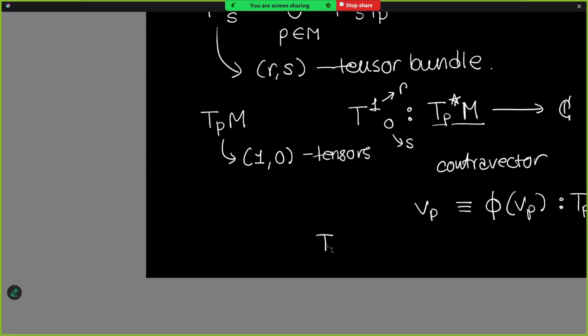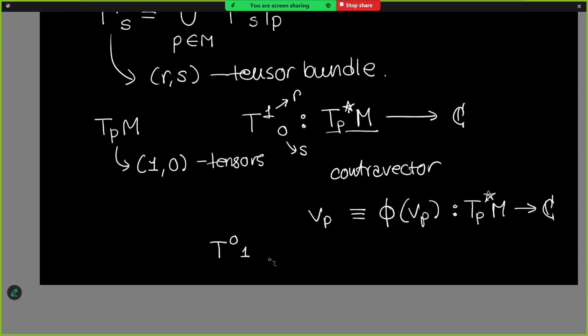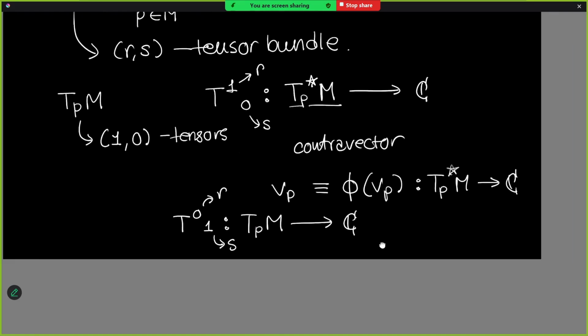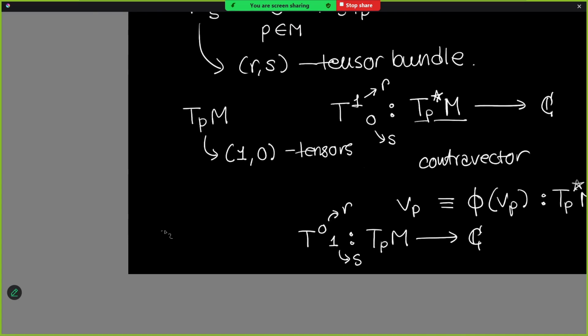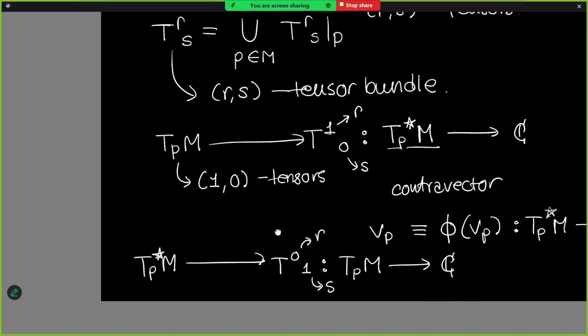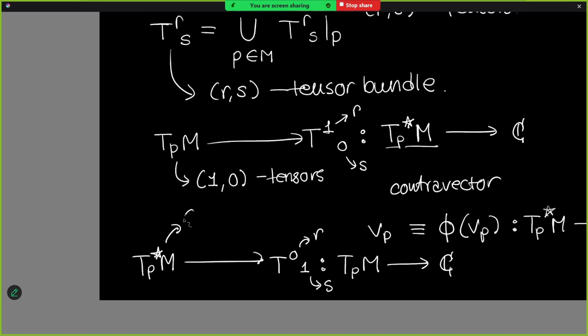Similarly, if we think of T01, we take 0 copies of TPM or TP star M, and we take 1 copy of TPM. So that is a map from TPM to C, which is exactly what TP star M is. So this is that, and so this is the space of 0, 1 tensors.